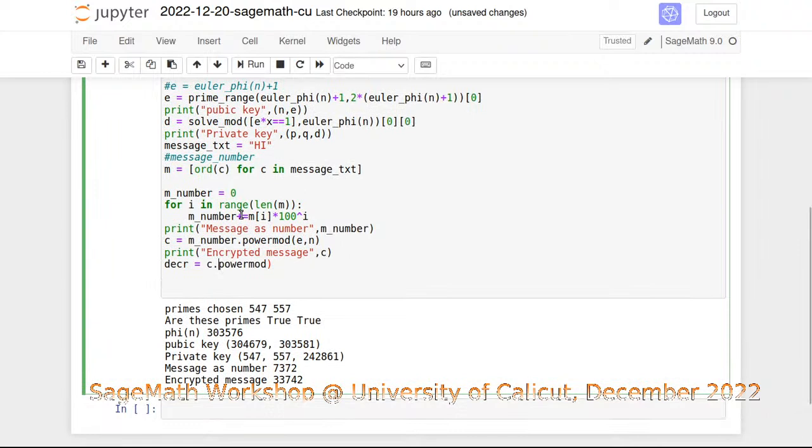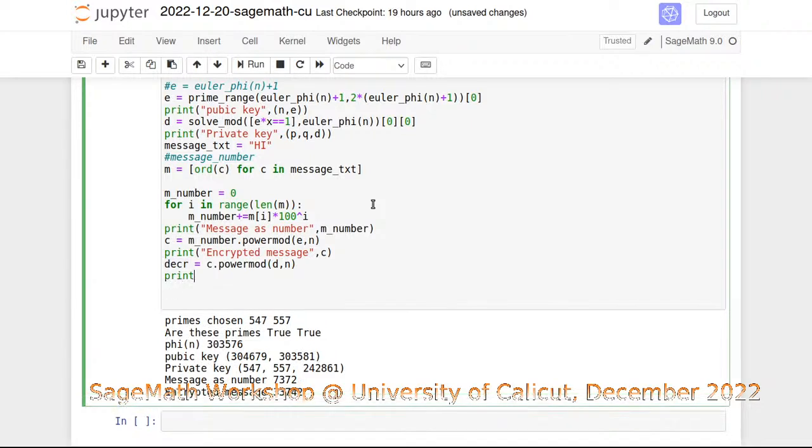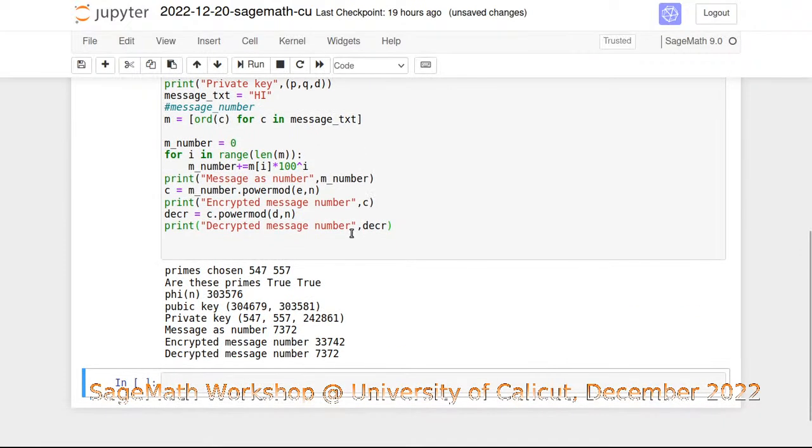What is it that we used here previously? Power mod, d mod n. Encrypted message number. Similarly, decrypted message number is nothing but this. Okay, let us see what this is. So we got 7372. We got 7372 was the previous number. Now we got 7372 once again. Okay, we got exactly the same number.